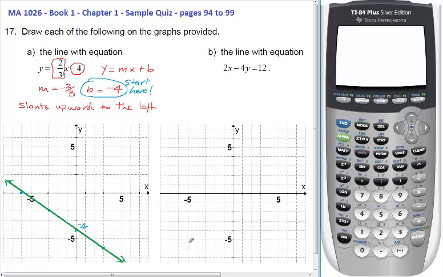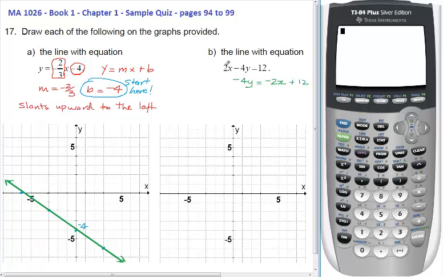Now part b is very similar, however we've got work to do first. We know it's a line, but we don't know the slope or the y-intercept. Now there's the two-intercept method. We could find both intercepts. My preference, since we're using y equals mx plus b in other exercises, is to stay with that.